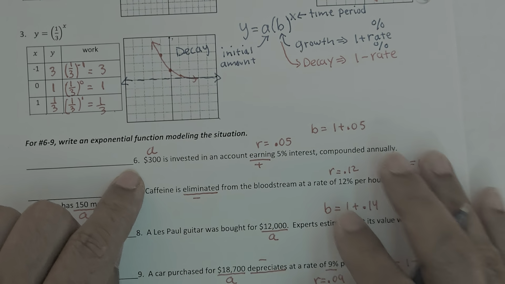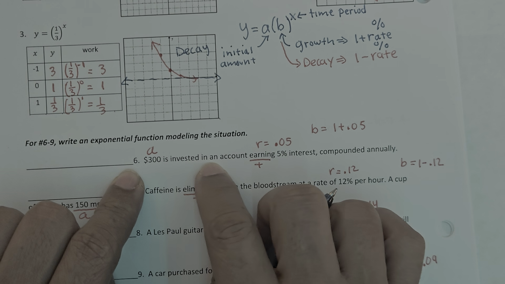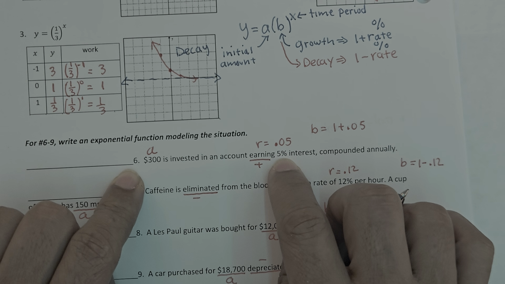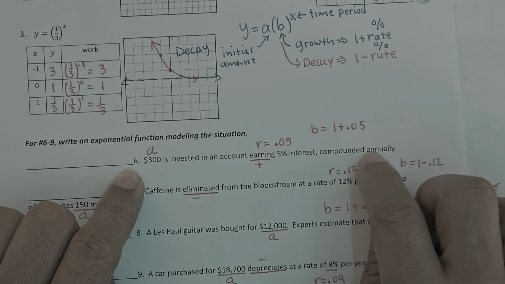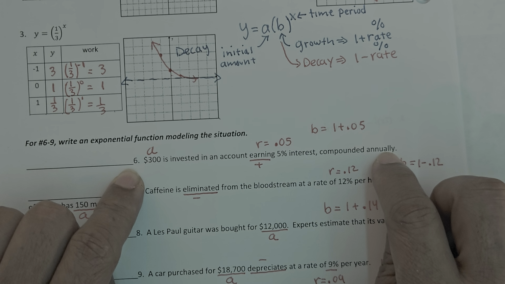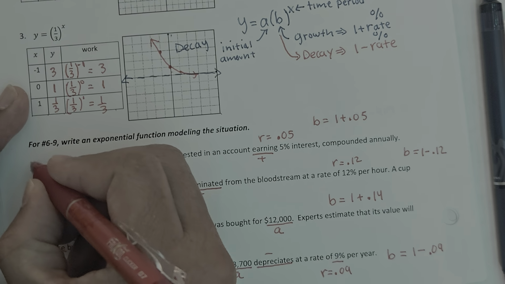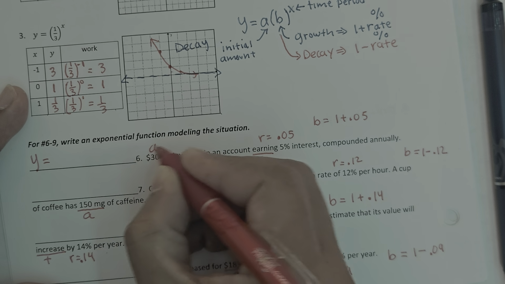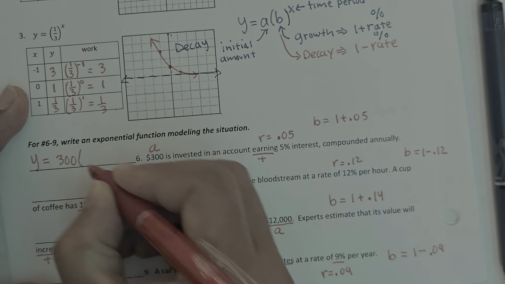So for example, number 6, we have $300 invested in an account earning 5% interest compounded annually. So annually means this will be every year. So that's going to be the x value. So the equation looks like this. First we have y equals, the initial amount is 300. Okay, then open parentheses.